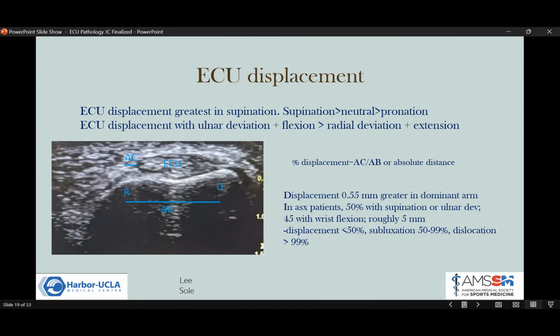I categorized it in 3 categories in terms of movement of the ECU. Displacement is defined as any movement of the ECU tendon less than 50% using this formula. Subluxation is if you use this formula and have the patient displace the ECU tendon about 50 to 99% of the distance, and a dislocation is over 99%.